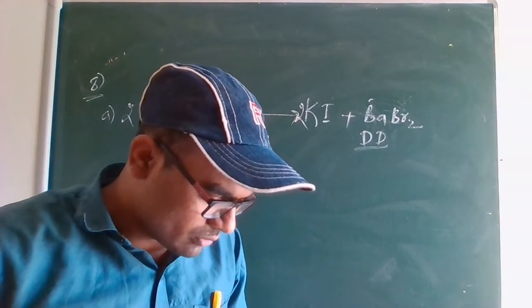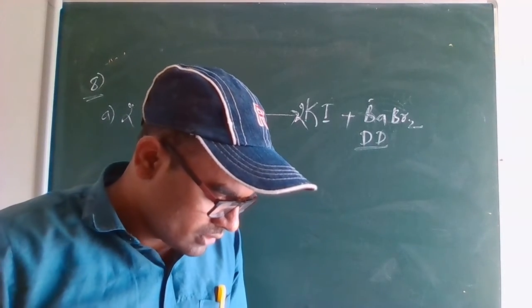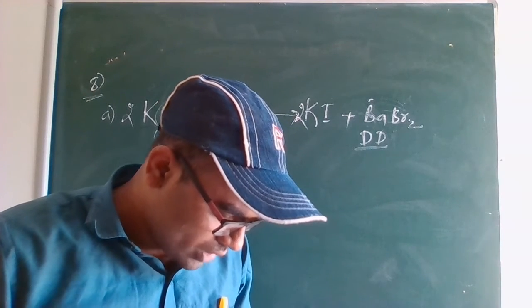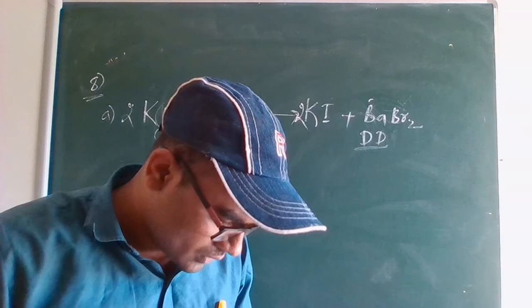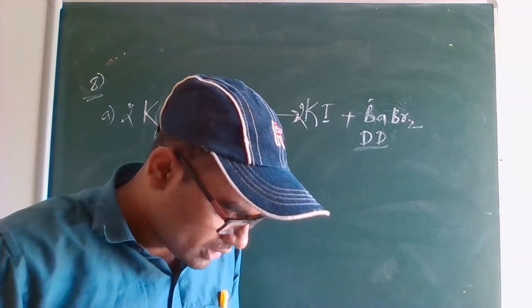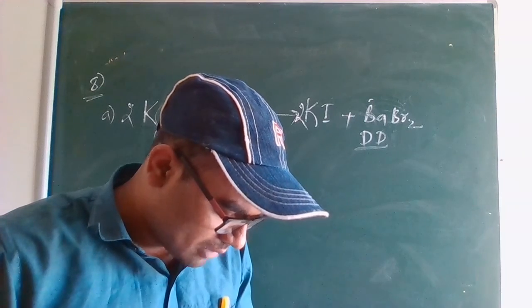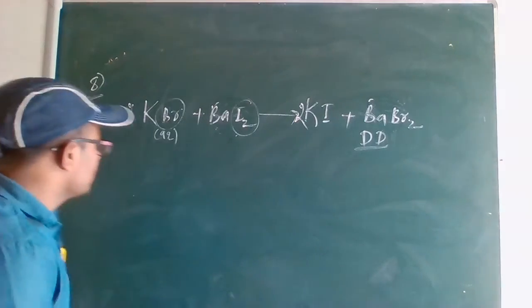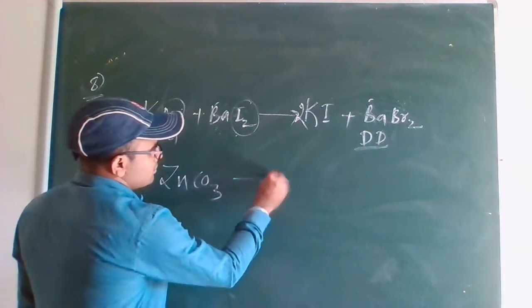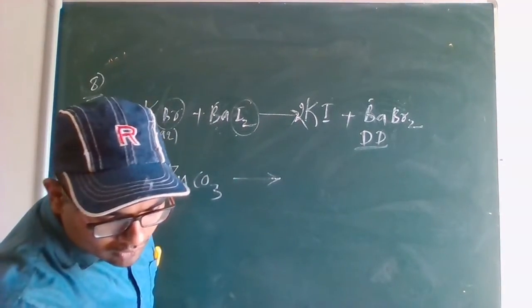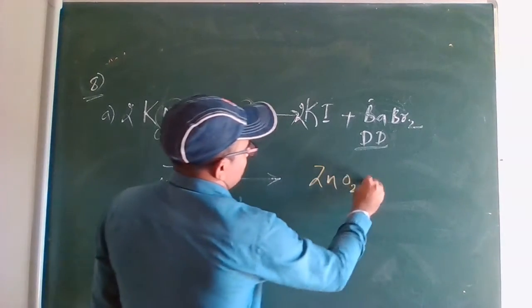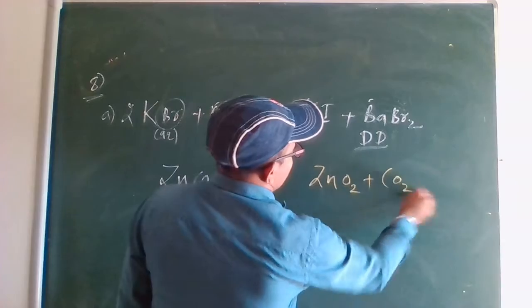So second one, shall we go for second one? Which is the second one? Zinc carbonate dissociates to form zinc oxide plus carbon dioxide.